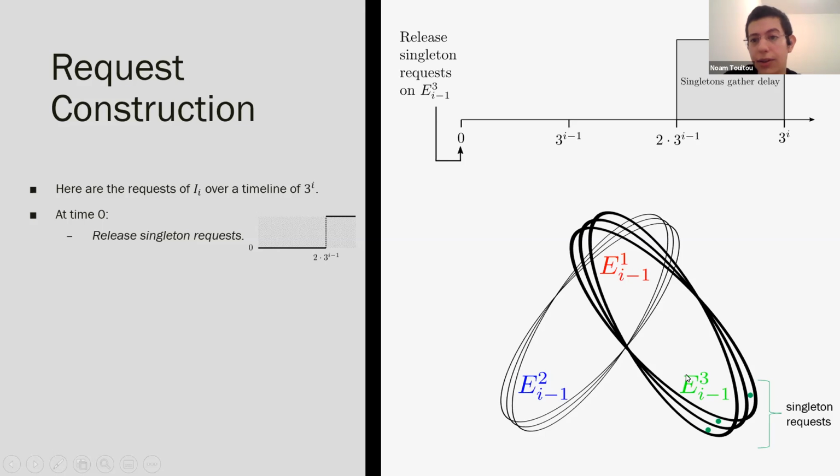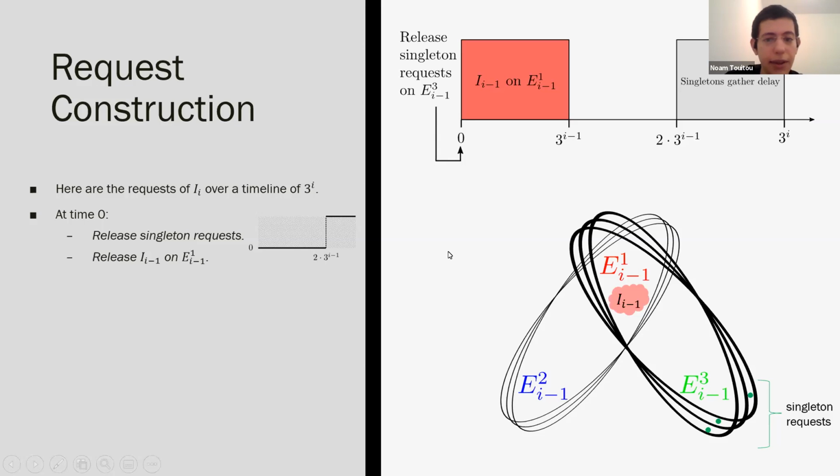And initially, they're not going to gather any delay, but at the last third of the timeline, they're going to start gathering delay. Then we're going to recursively release an instance of I_{i-1} on the red elements. And then the algorithm has to contend with this instance, which is released in the first third of the timeline.